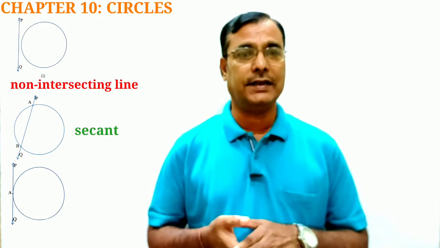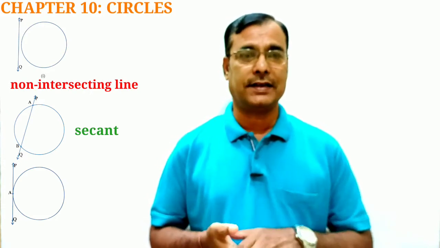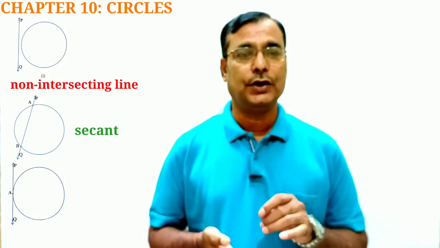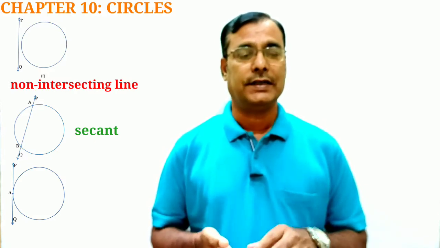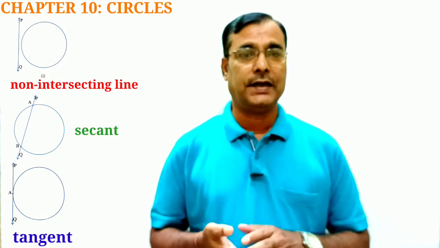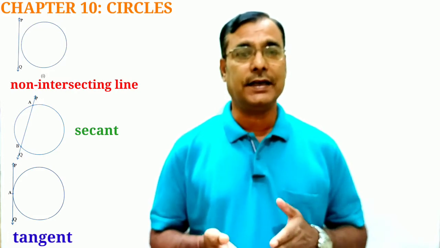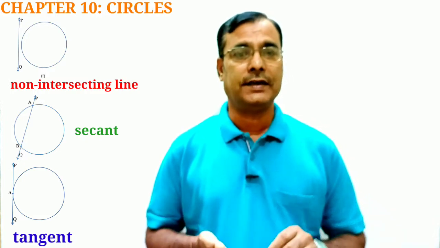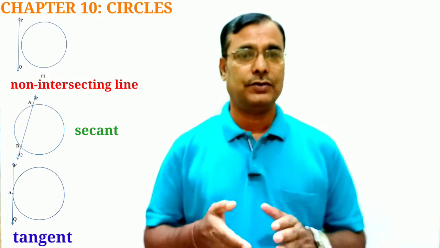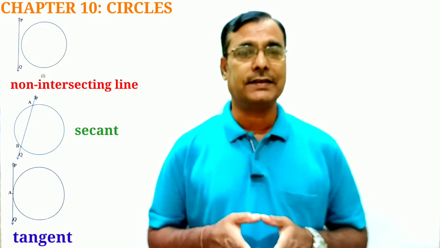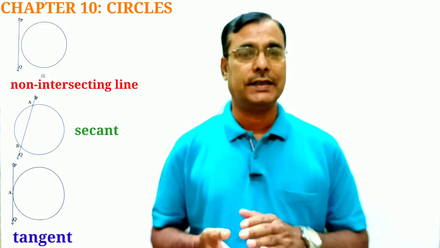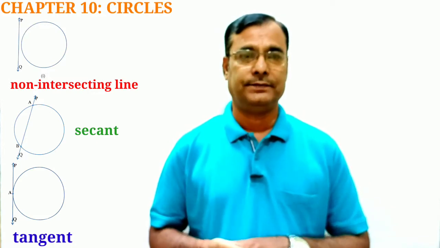Such a straight line which just touches a circle at only one point is called a tangent to the circle. And the point at which the line touches the circle is called the point of contact.